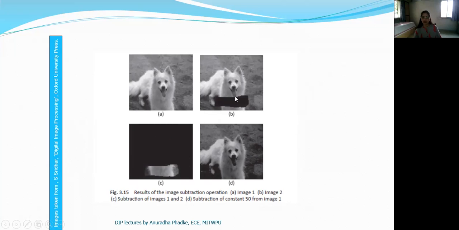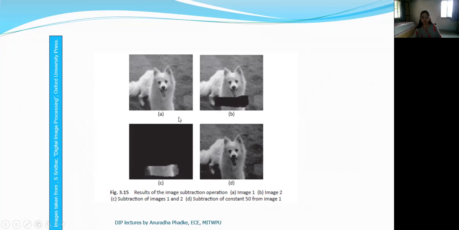And only for this particular portion, we get the original pixel value minus 0, right? This black indicates 0 value. So the original pixel value, say this is 200, 200 minus 0 gives you value 200. So only for this portion, your original data from image A is written.